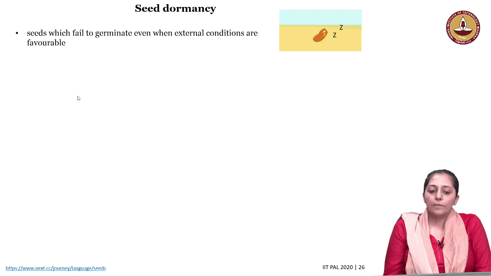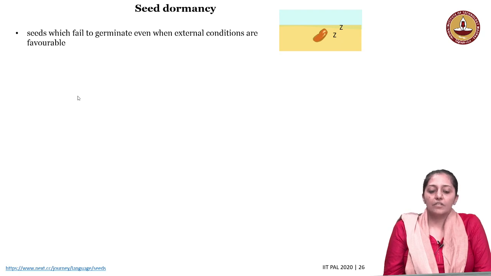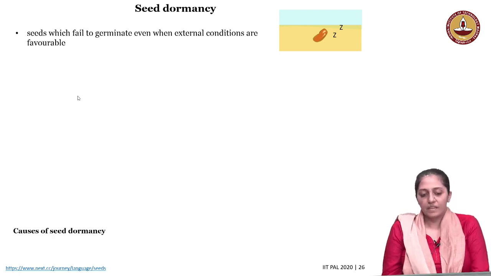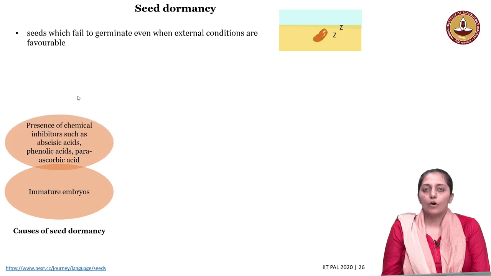Now, in seed dormancy, seeds fail to germinate even when external conditions are favorable. The reasons could be an immature embryo, or the presence of inhibitors like abscisic acid, phenolic acid or para-ascorbic acid, or an impermeable hard seed coat.